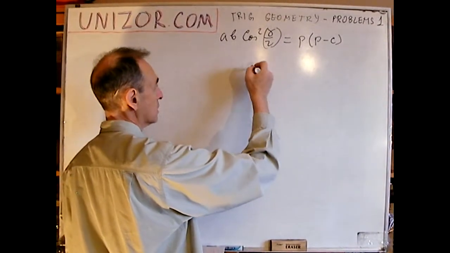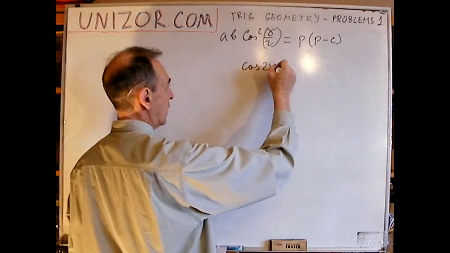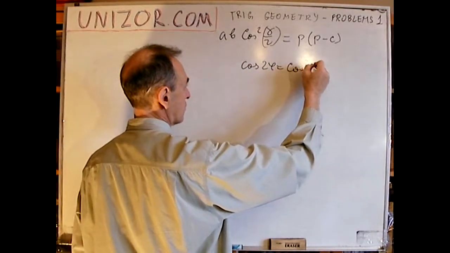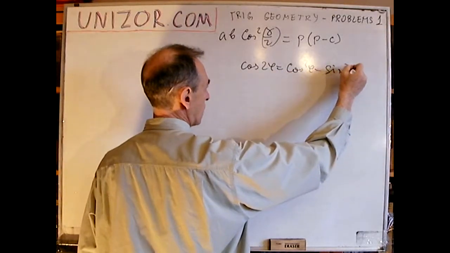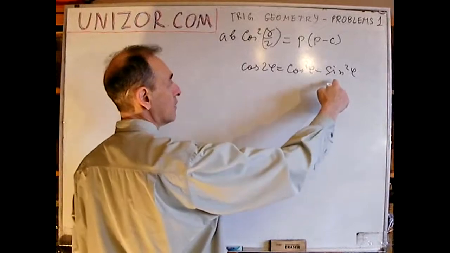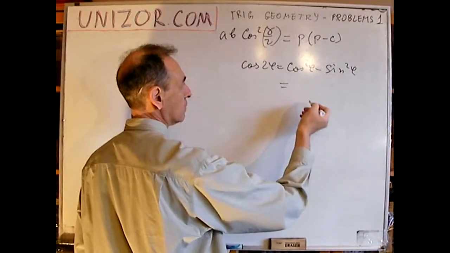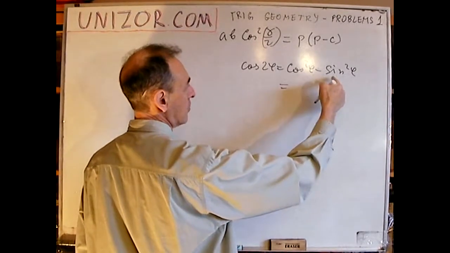So how can it be done? Well, again, let's remember cosine of 2 phi is equal to cosine square phi minus sine square phi, right? That's the only thing which I remember. Everything else I derive. Now I will express sine square as 1 minus cosine square.